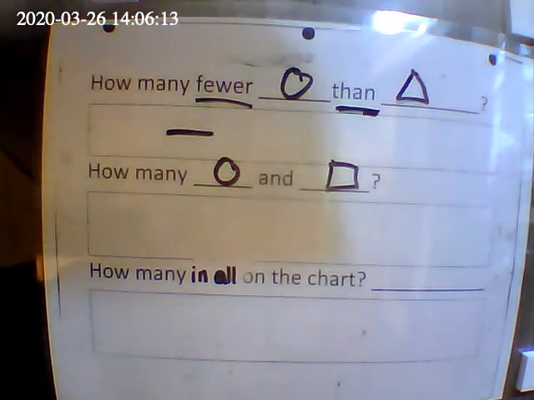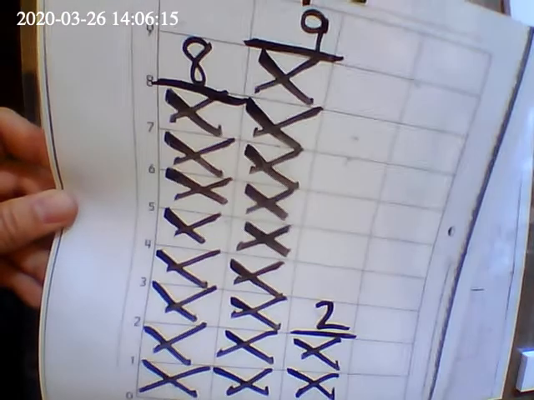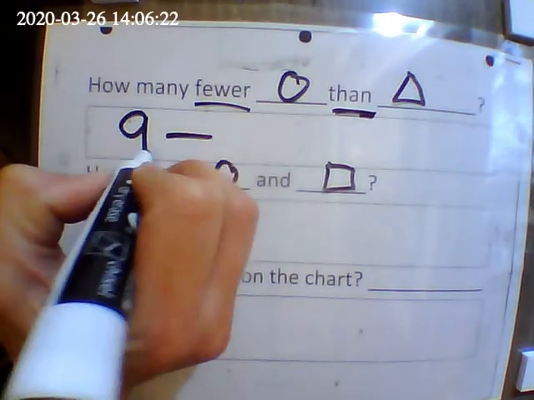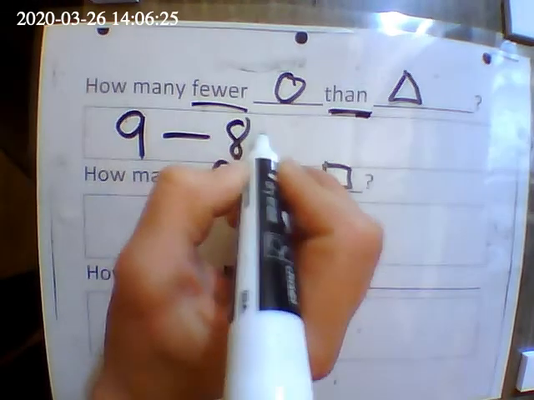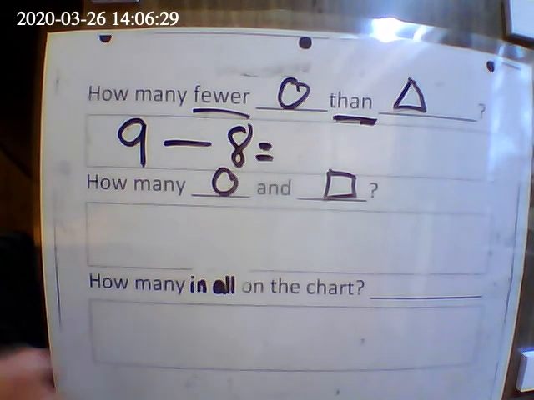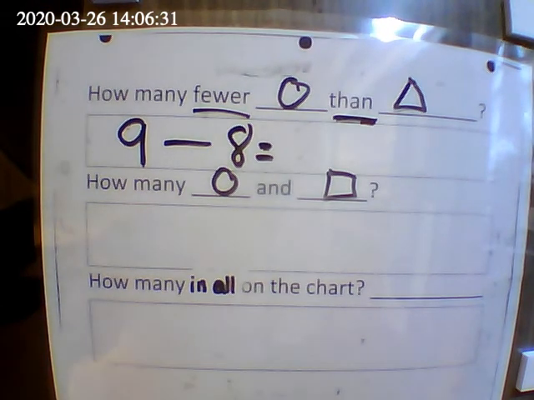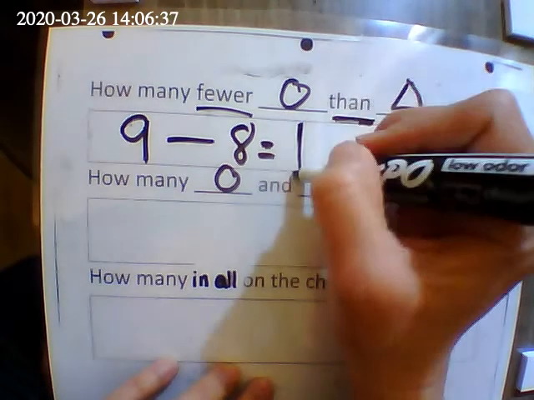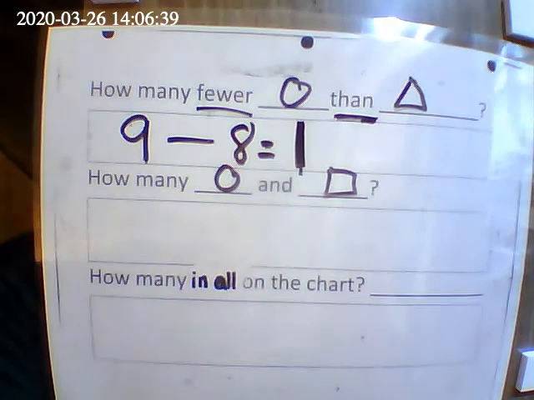Which is larger, the circles or the triangles? We have 8 circles and we have 9 triangles. So actually the 9 is the larger one. We're going to subtract the 9 triangles minus the 8 circles and solve. What is 9 minus 8? And the answer is 1. On to the next question.